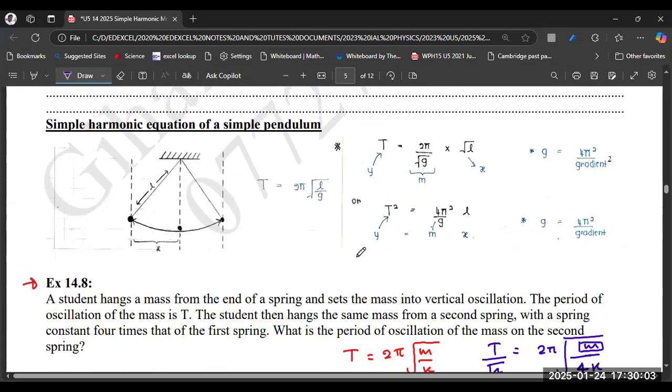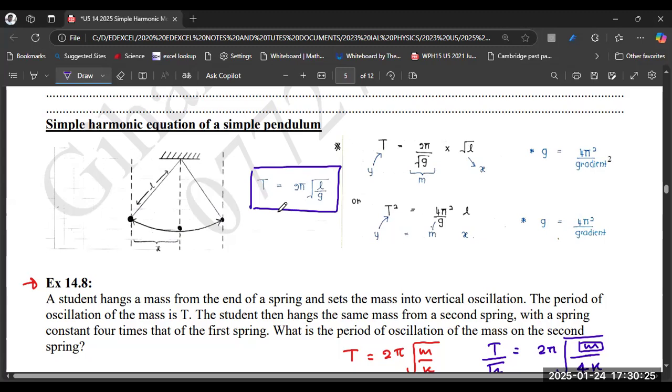So this is simple pendulum. Simple pendulum, as I told you earlier, the equation that governs simple pendulum is this. That is the equation that is given in the formula sheet.